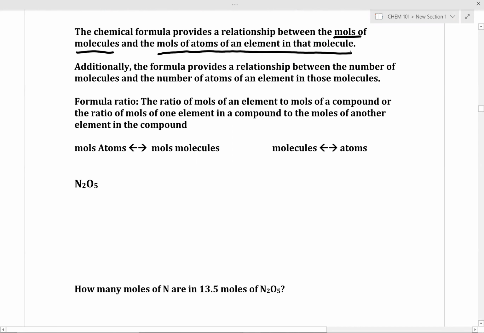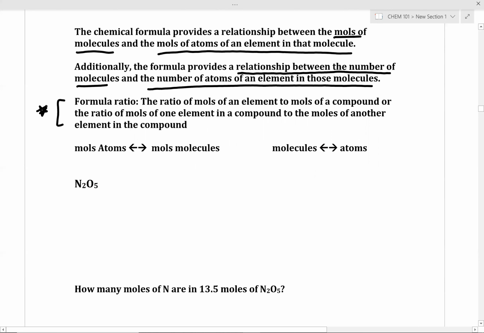So it's a relationship between the molecule and the number of atoms of each element in that molecule. Additionally, the formula provides a relationship between the number of molecules and the number of atoms of an element in those molecules. So we call this fundamental ratio the formula ratio.